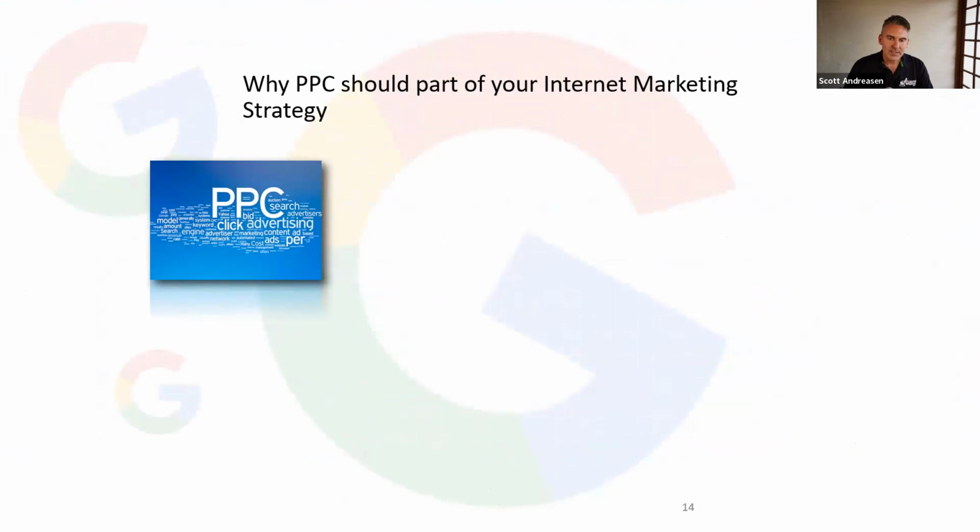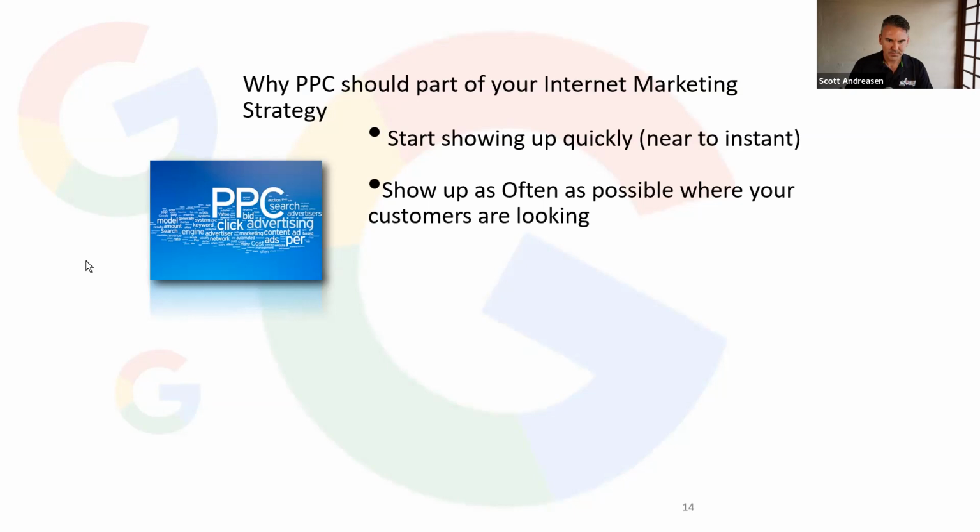So why PPC should be a part of your internet marketing strategy? For one, you start showing up quickly, literally near to instant. As soon as you click the button, you start showing up in your service areas. No waiting around like SEO. You can show up as often as possible where your customers are looking.